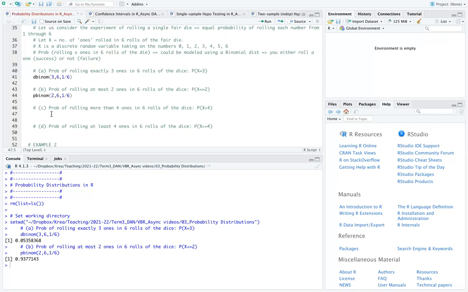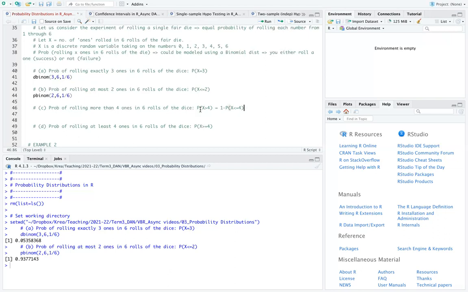Now the next one is a little bit different. What's the probability of rolling more than 4 ones in 6 rolls of the die? So we want to find p of x being greater than 4, and note that we do not include the value 4. I can use the law of complements and write this down as 1 minus the probability of x being less than or equal to 4.